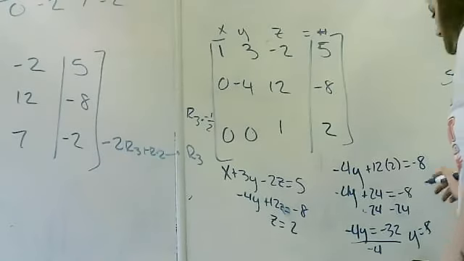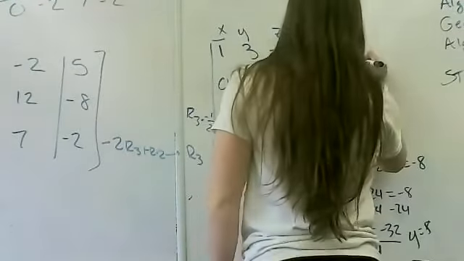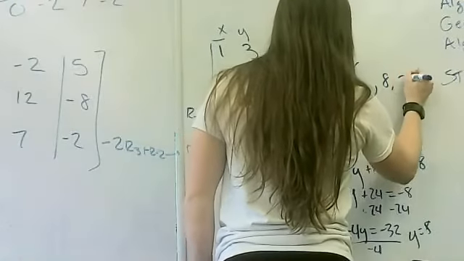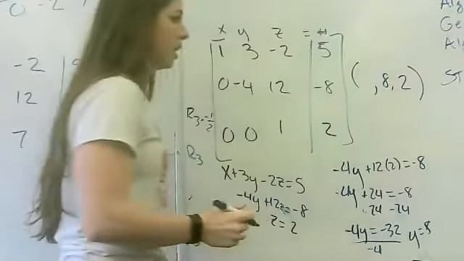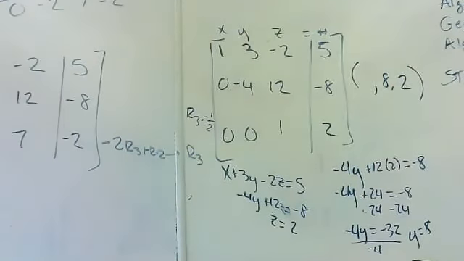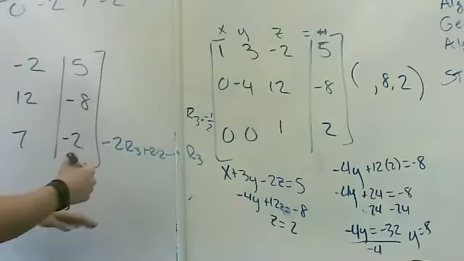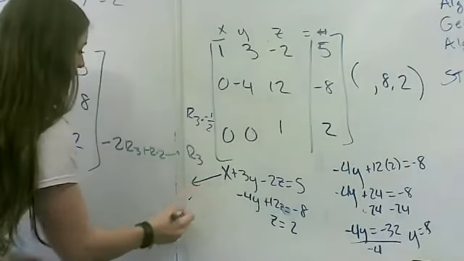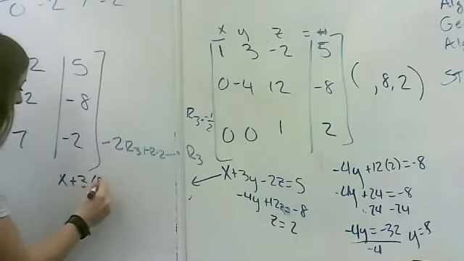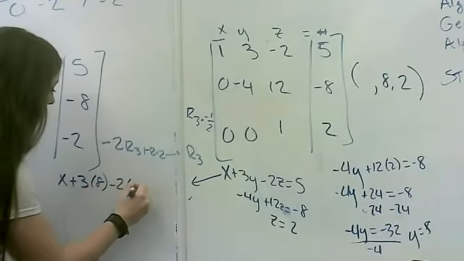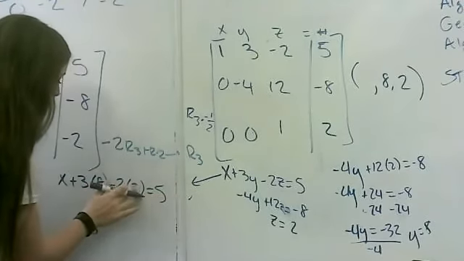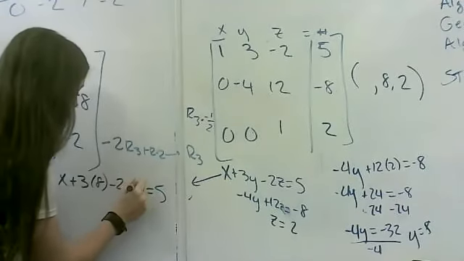All right, so now when I write my solution, I do not know my x, I know my y is 8, I know my z is 2. So the last thing I have to find is that x value. By plugging in back substitution one more time, I'm going to do that right over here. Taking this equation over, I have x plus 3 times 8 minus 2 times z equals 5. Sorry, I should plug in 2 for z.